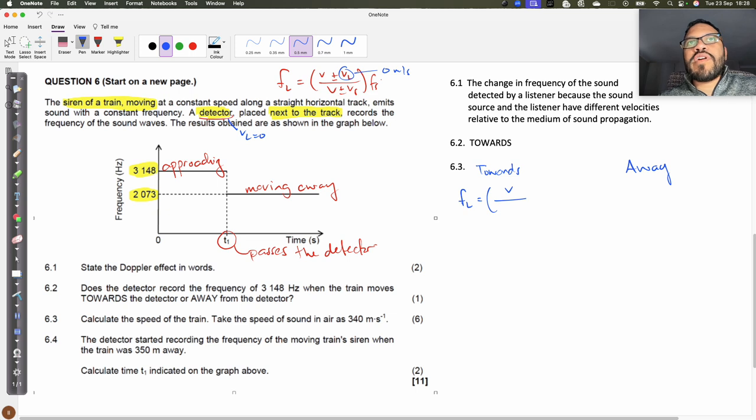And here at the bottom, I'm going to have 340, right? 340. And now we need to know, is my vS going to be lower than or greater than? Now in this case, you're going to subtract from the denominator because we want the entire fraction to be bigger than 1. So this is going to be a minus vS, and the top v's value is going to be 340.